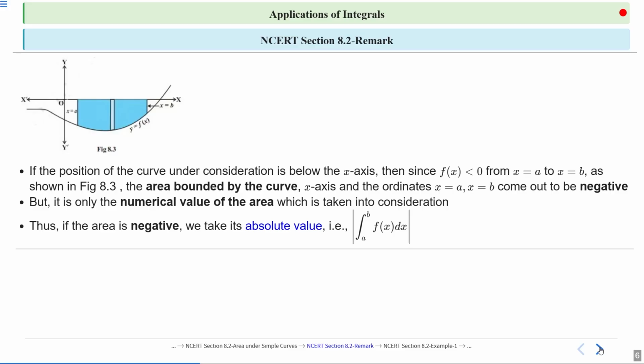Thus, if the area is negative, we take its absolute value. Area is always positive. So if the curve lies below the x-axis, we take its absolute value to find the area of that region.